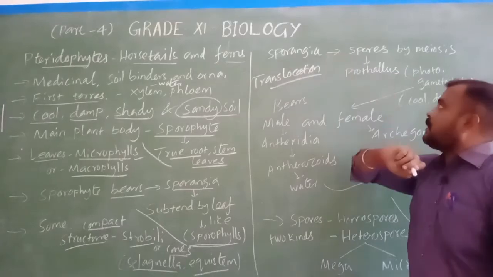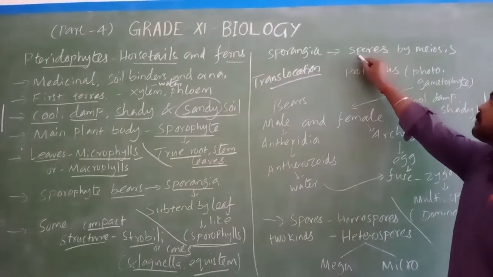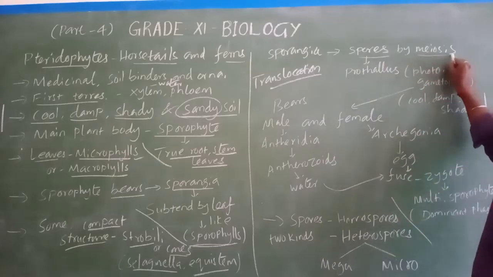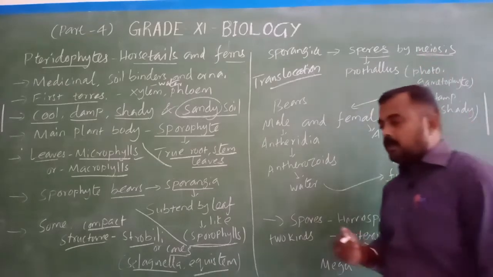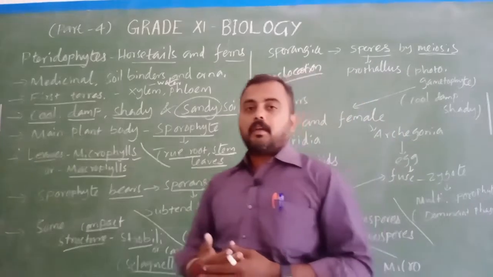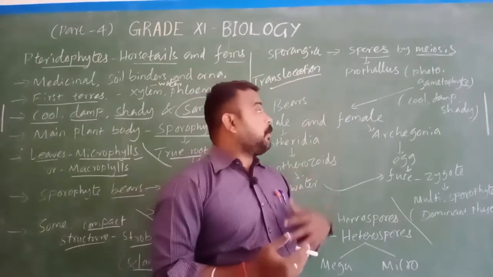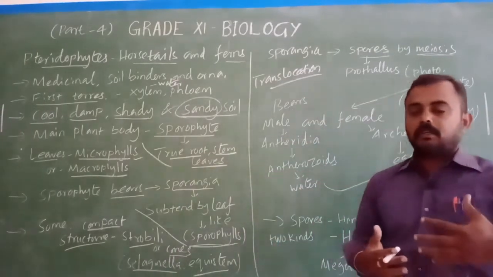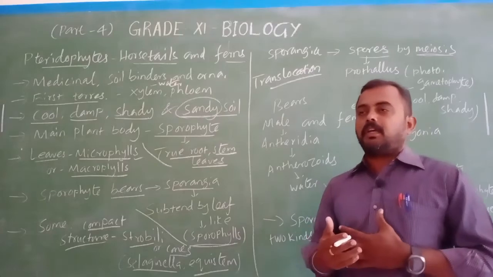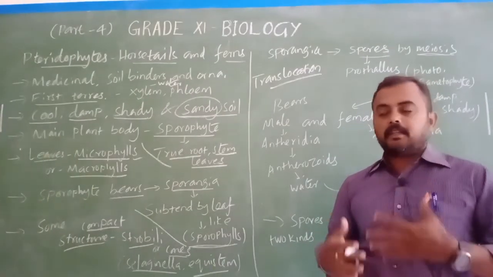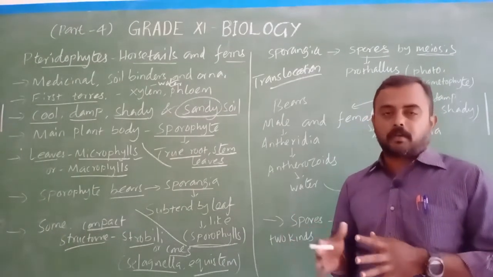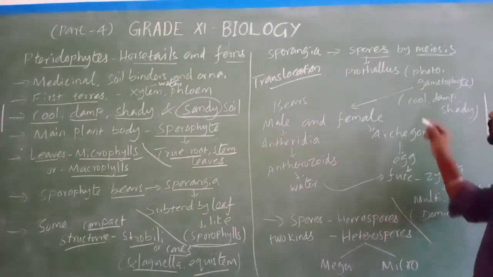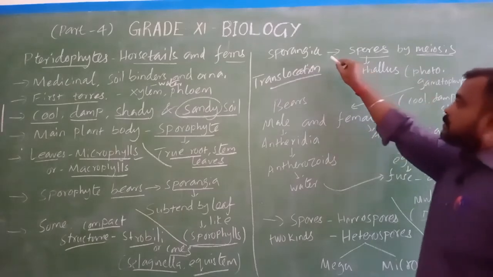The sporangia produce spores by meiosis. The spores are haploid in nature. Haploid means only half of the chromosomes are present, while in diploid cells all the chromosomes are present. So by meiosis, the spores are produced from the sporangia.